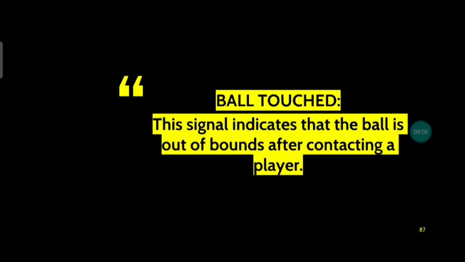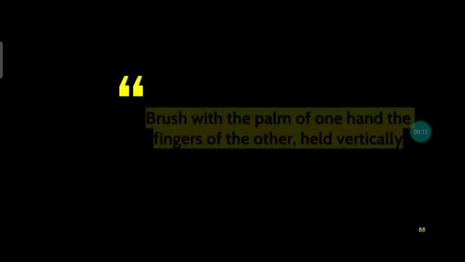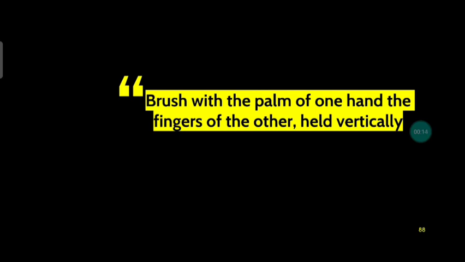Ball touch: the signal indicates that the ball is out of bounds after contacting a player. Brush with the palm of one hand the fingers of the other, held vertically.